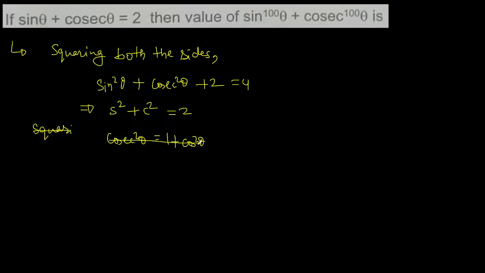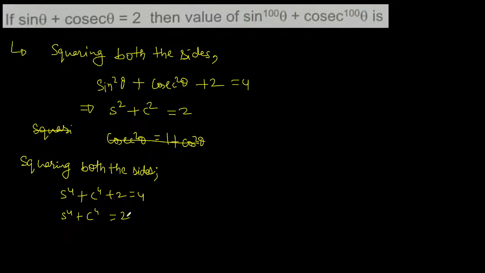No, wait, we have to square again. Squaring both the sides, we have sine 4 cosec 4 plus 2 equal to 4. So S4 plus C4 equal to 2.